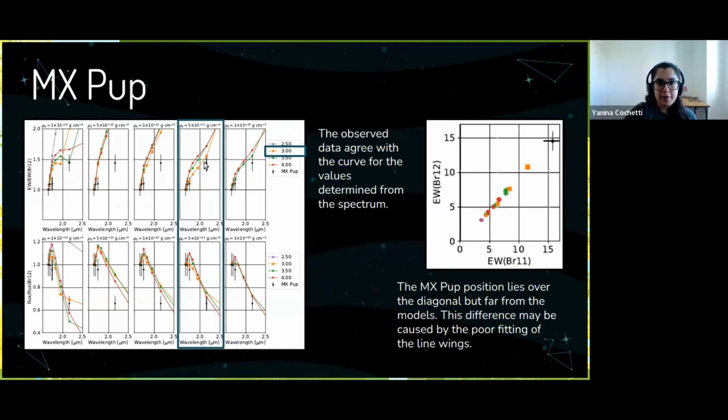And our data, these black stars, seem to agree with the curves that correspond to the values that we found from the spectra. But here, for the equivalent widths of Brackett 11 and Brackett 12, our object falls a little far from the models, but this could be related to the difference in the wings because of the poor fitting in that part.